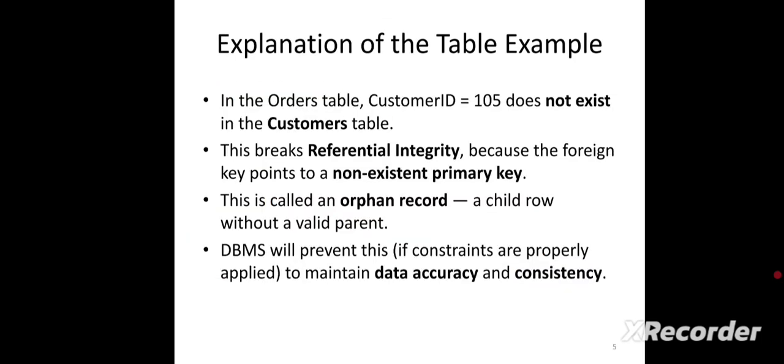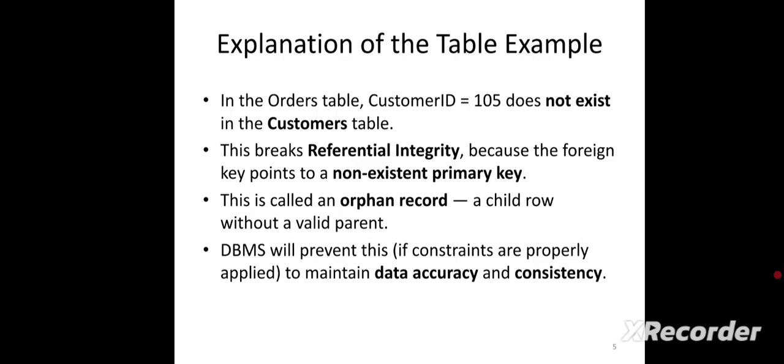To explain that example further, the orders table should only have a customer ID that exists in the customers table. So if customer ID equal to 105 doesn't exist in the customer table, it means there is an inconsistency. The child table is referring to a non-existent parent. This is actually what referential integrity prevents.